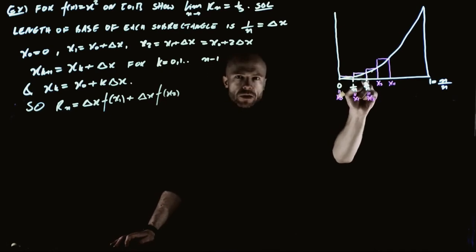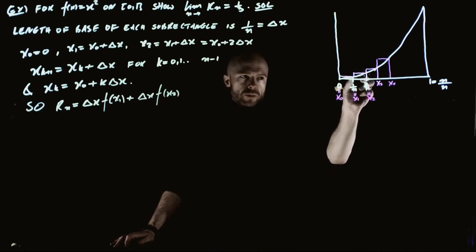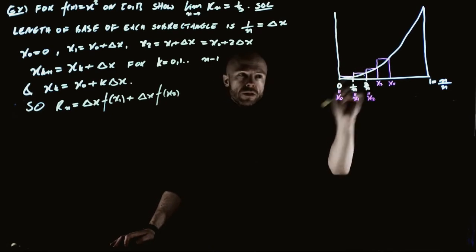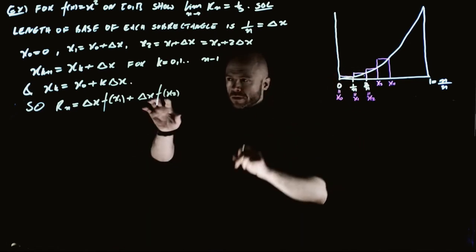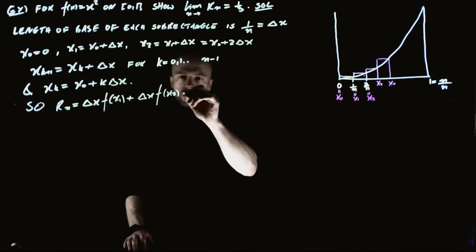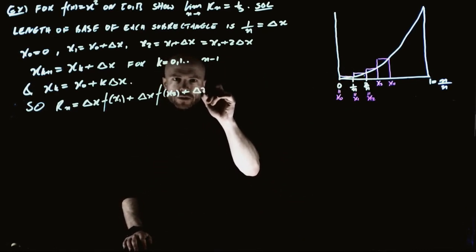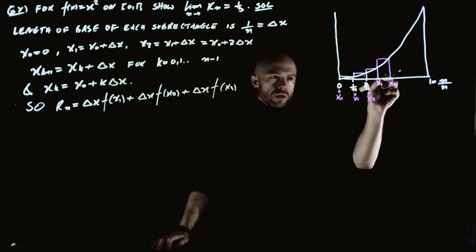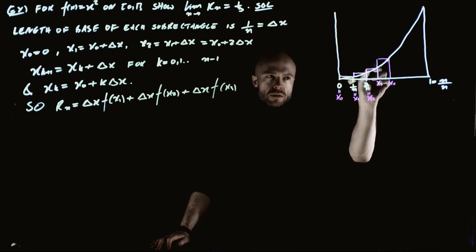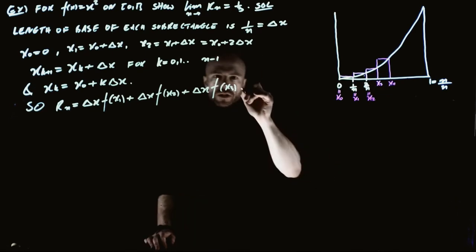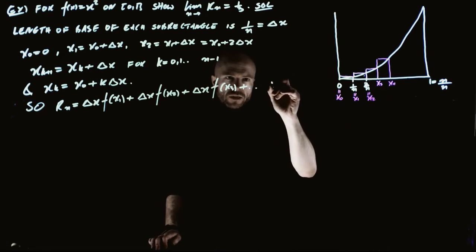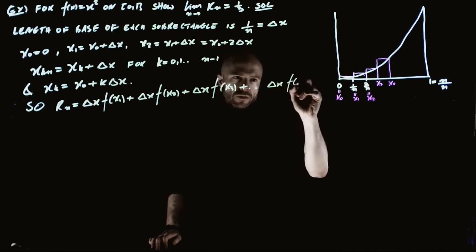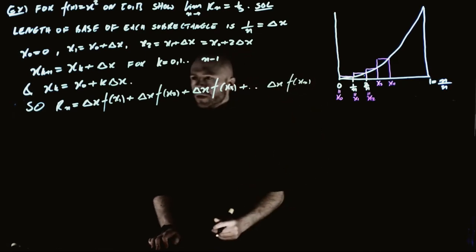That is this guy right here. The base is still delta of x, so the area of this second rectangle is given by this. And we continue. Delta of x, f of x3. That's the third one right here. And there are n of these. So the last guy is delta of x, f of xn.